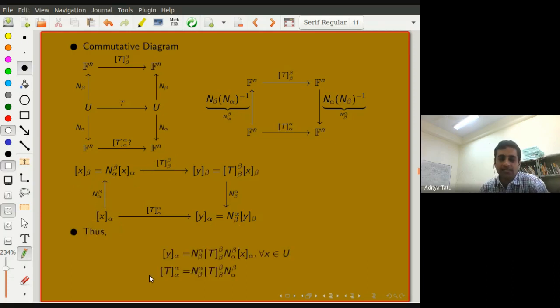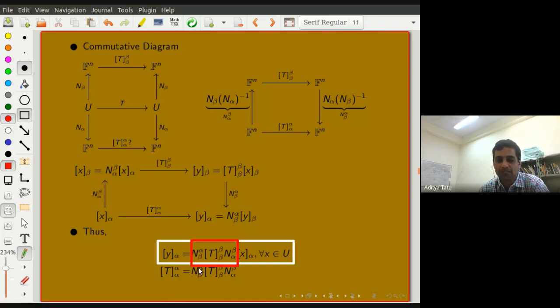So to summarize, what I just spoke was this. And this must be true for each and every x, right? It cannot be true only for a particular x. So if this is true for all x, then what should I have in the middle over here?